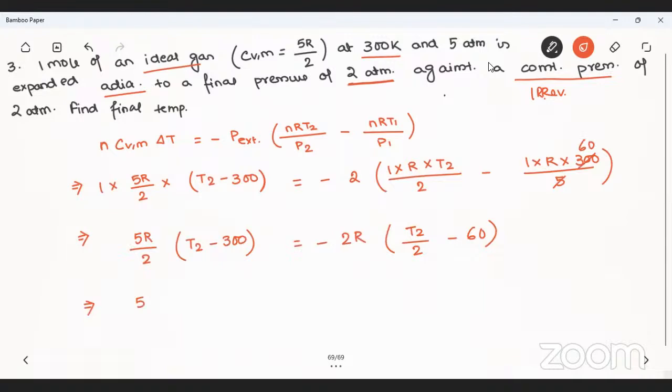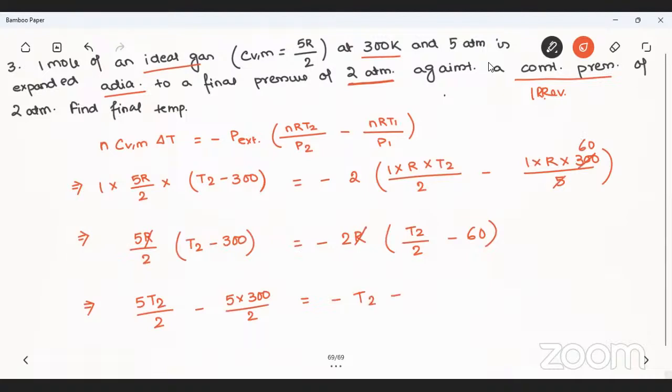So it is 5T2/2 minus 5 into 300/2. See, R gets cancelled. Okay. So this 2 will get cancelled.